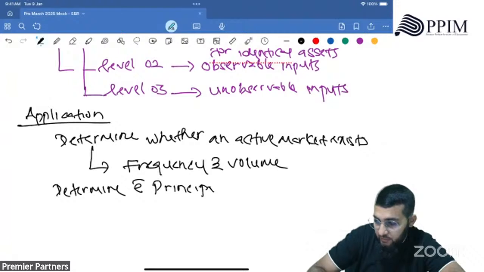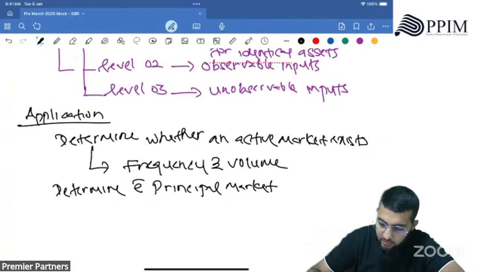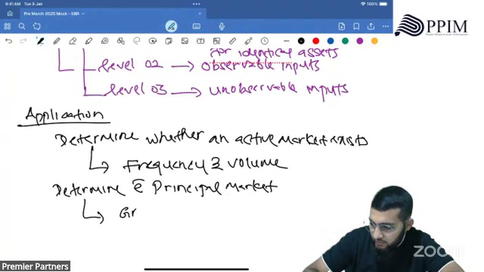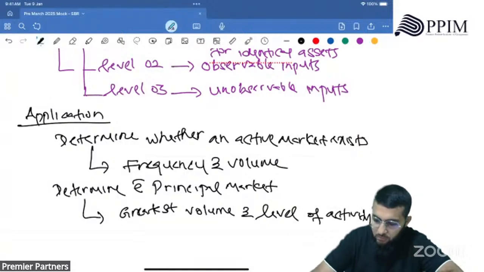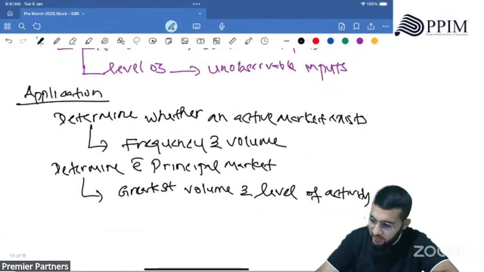So the principal market is the market with the greatest volume and level of activity. Right? So the principal market is the market with greatest volume or activity. Okay?